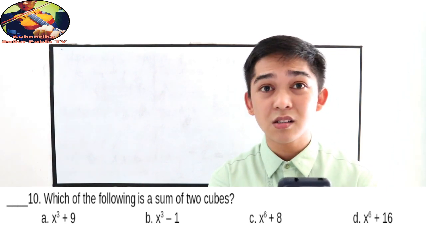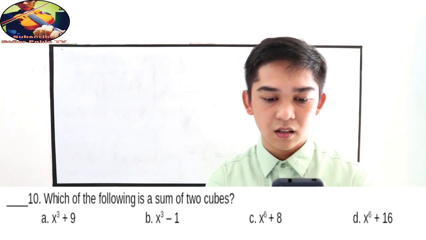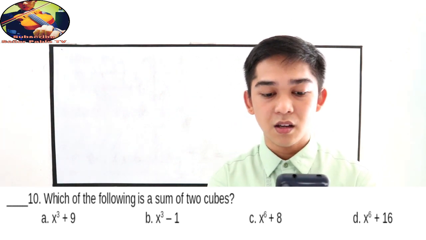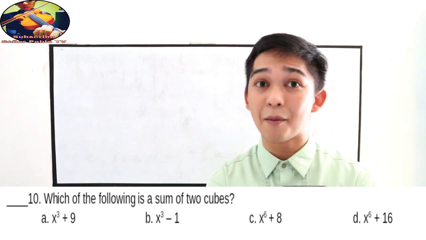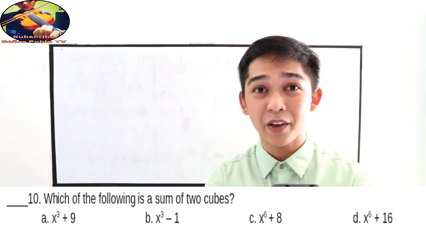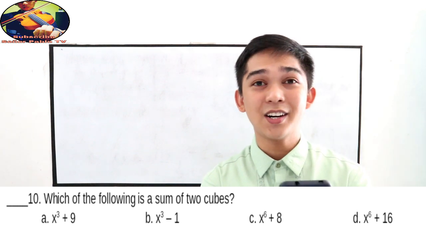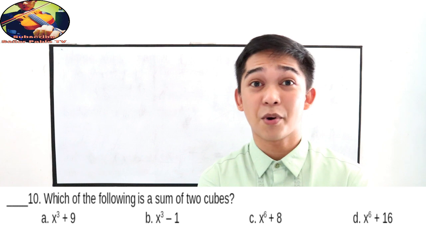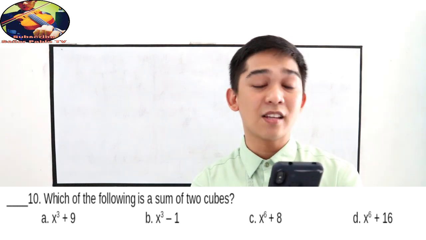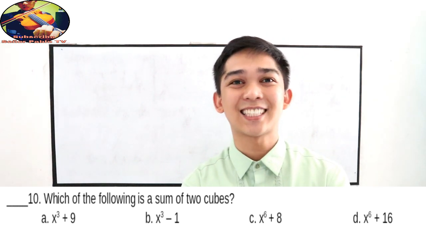Ito ay minus. Mali din. Letter C, x raised to 6 plus 8. X raised to 6 is a perfect cube. Tama? 8 is a perfect cube. Tama. So letter C. D, mali na yan kasi 16 is not a perfect cube. Number 10 is letter C as in cat.